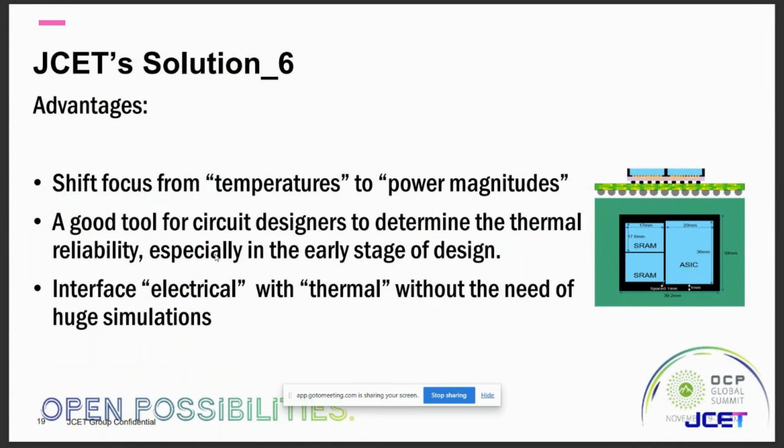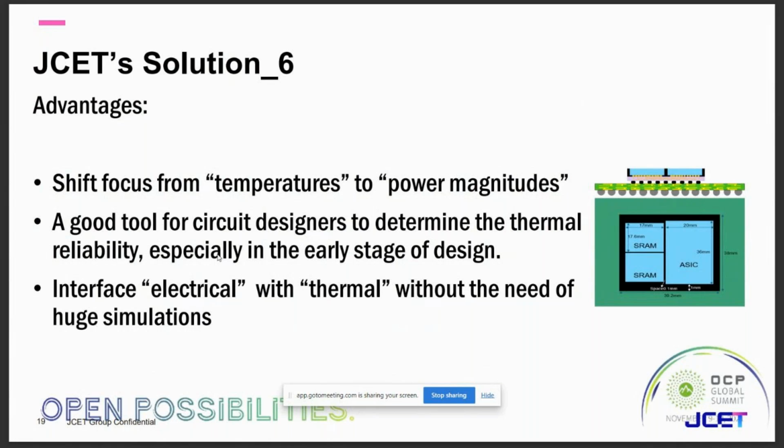Here I'd like to show you the advantage of this approach. Basically, we shift the focus from temperature to power magnitudes. The advantage is that sometimes circuit designers don't have a good feeling for temperatures, but they have a very good feeling for power, because they need to design a circuit, so maybe their concern is more about the powers.